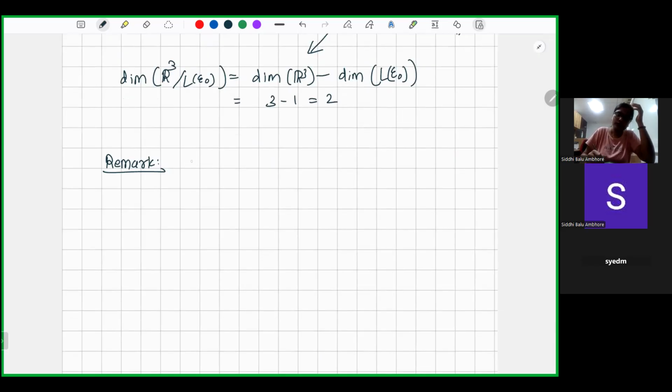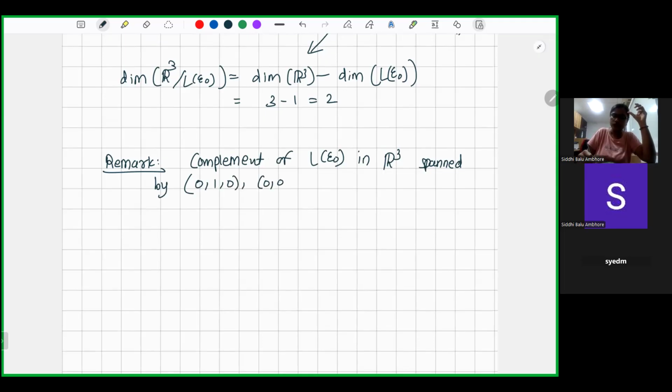Instead of this, I can also take the complement of L epsilon naught in R3, spanned by 0, 1, 0 and 0, 0, 1. It won't change anything.